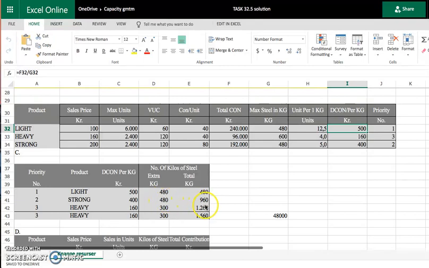The third priority is heavy, which we're actually able to use 600 match kilos for. But we only have 300 left, so the 300 extra is aligned under the line, because this is what the company would not be able to produce.